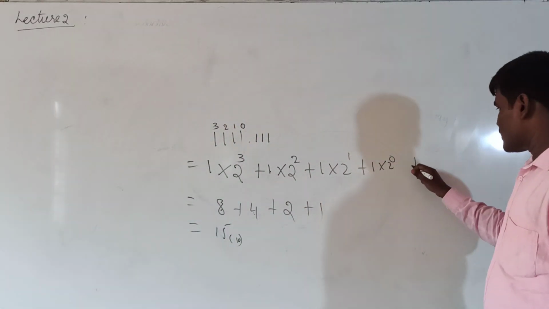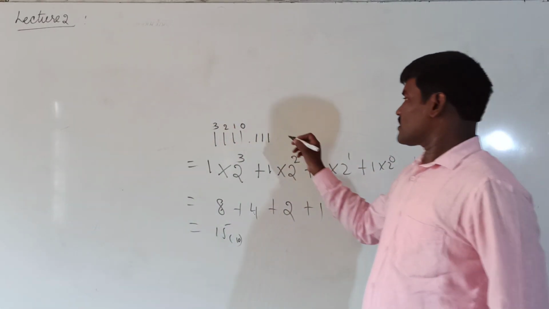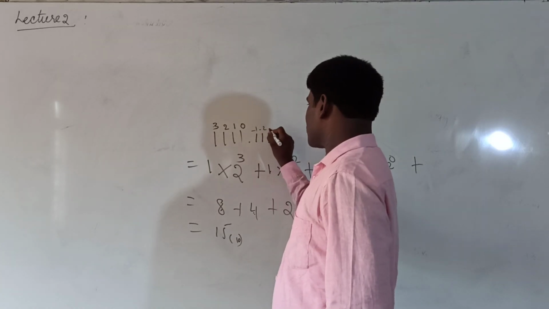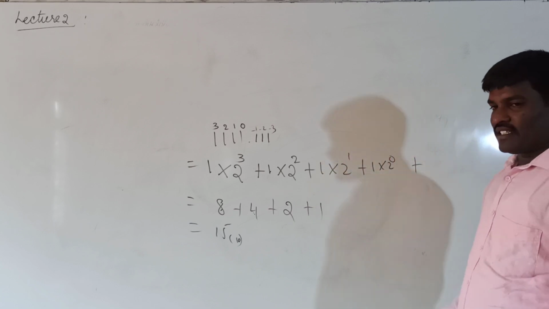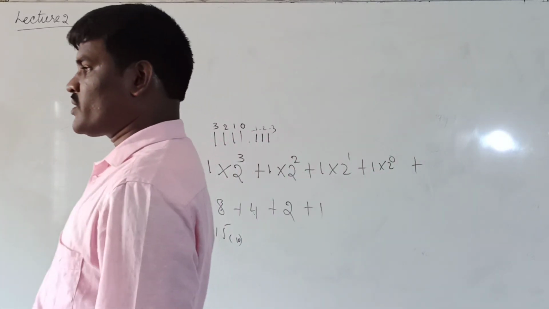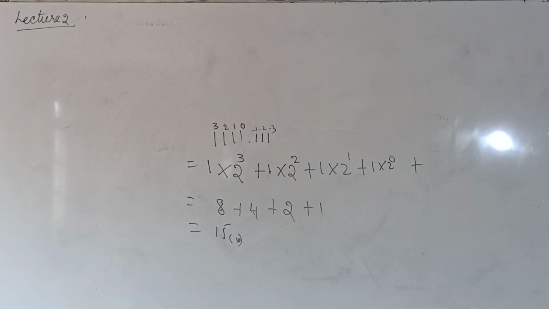Here you have to write the powers 0, minus 1, minus 2, minus 3. On the fraction side, you write the values in terms of the power minus 1, minus 2, minus 3.